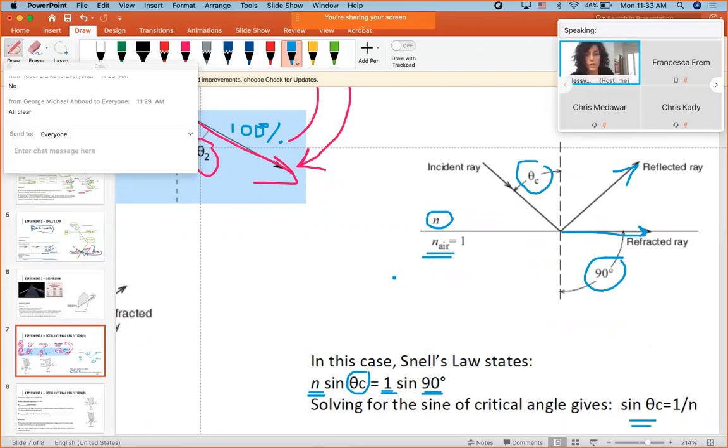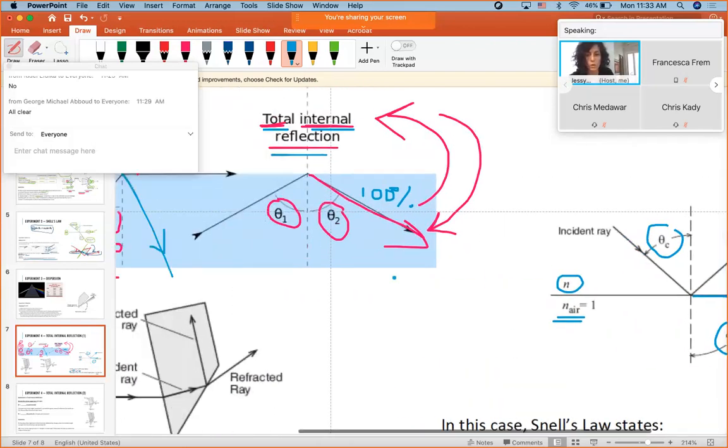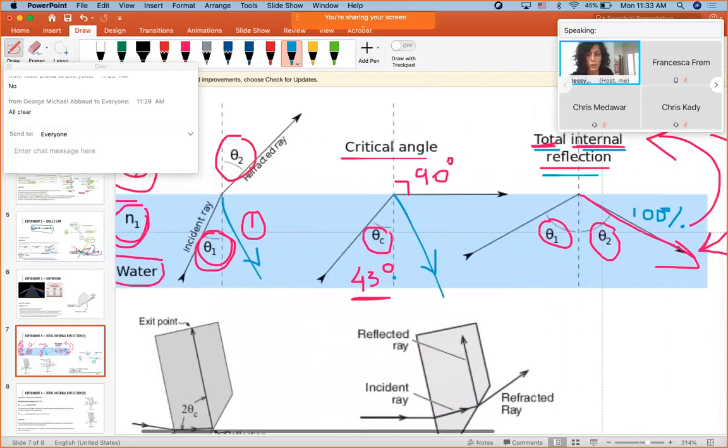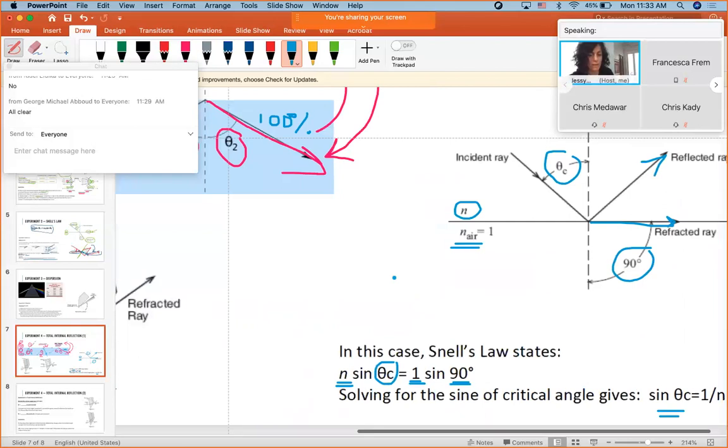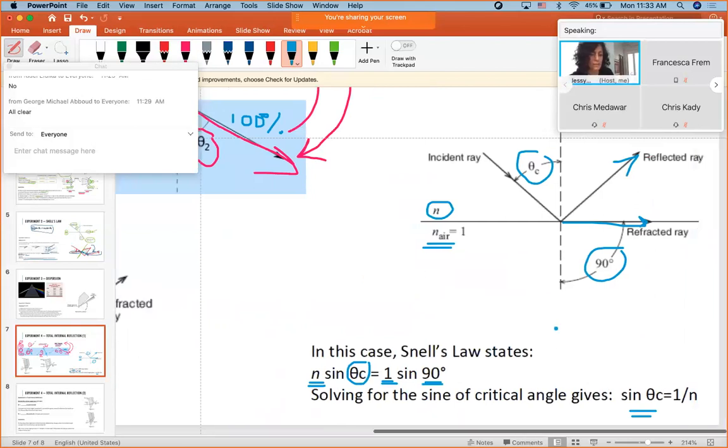Do we know N for water? No. If we assume N for water to be 1.5, so it's not given, I need somebody to grab a calculator and tell me what is theta critical if N is equal to 1.5. I'm going to wait a bit and I need someone to calculate theta critical for me. Any volunteer?